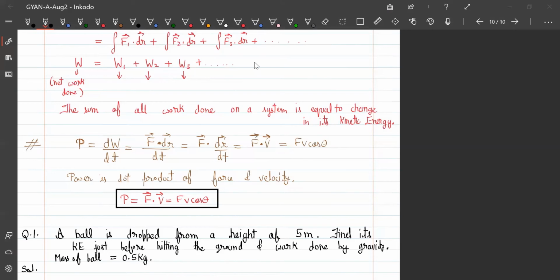Try not to use the concept of previous chapters. And believe me, using the concept of work energy, this question can be done easily as compared to the concept of motion and the three equations of motion.